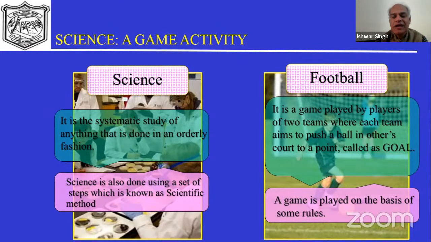Although we have found a lot of similarities between the two activities, are they considered the same? Do you find science as enjoyable, as full of joy, as we enjoy any game? That is not the case.